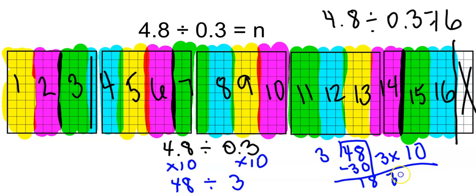Now, I know 3 times 6 is 18. So how many times did I multiply to get 48? 16 times. So I know 48 divided by 3 equals 16. So that's 2 different ways I could have solved that problem.